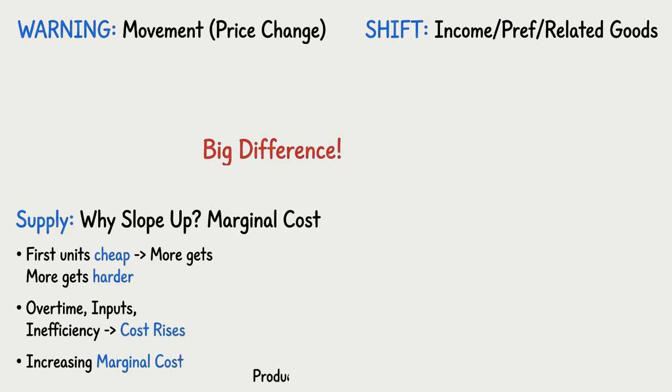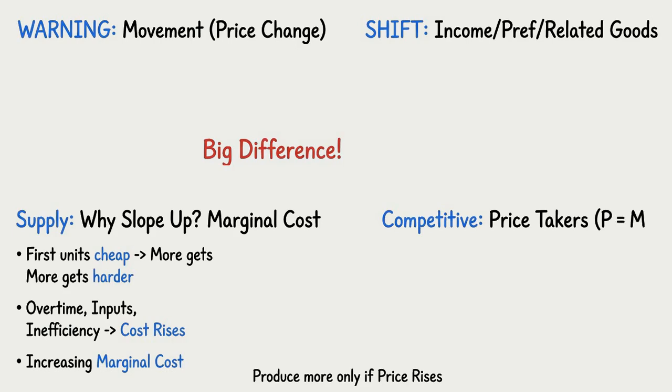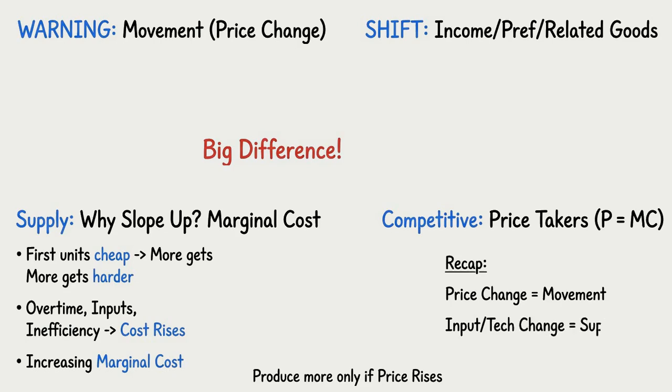And firms will only produce more if the price rises to cover that higher cost. In competitive markets, firms are price takers. They produce where price equals marginal cost. Again, a change in price moves you along the supply curve. But if input prices rise, or technology improves, or new firms enter the market, the whole supply curve shifts.